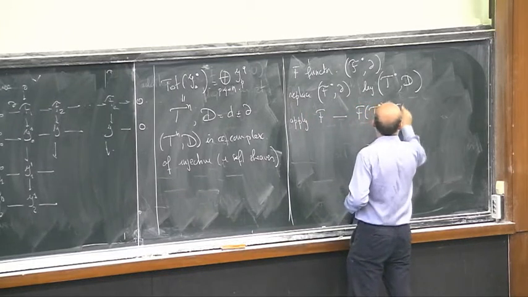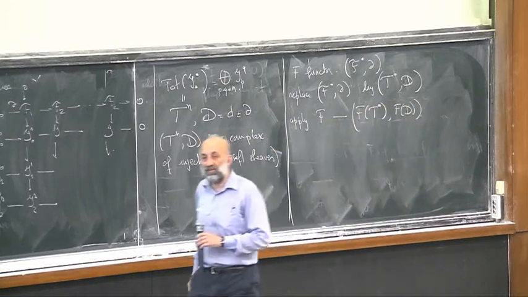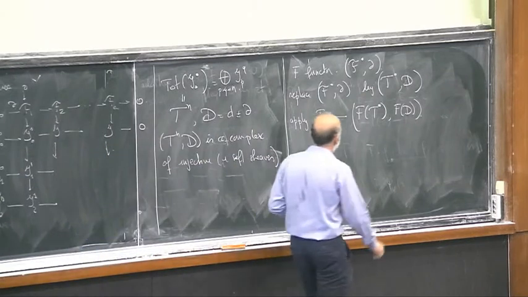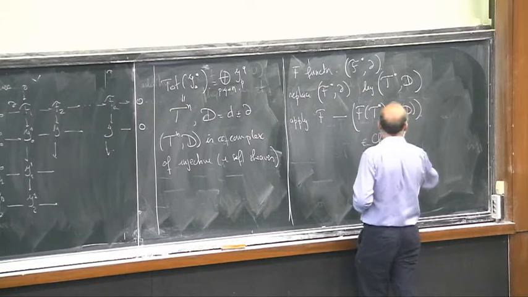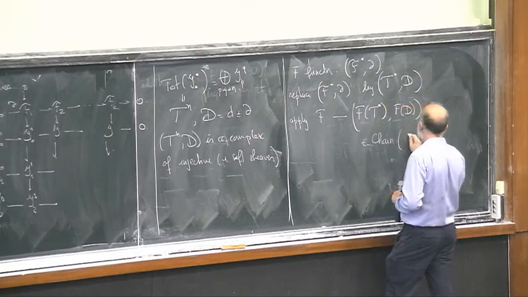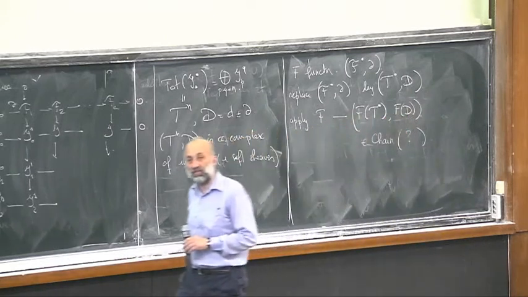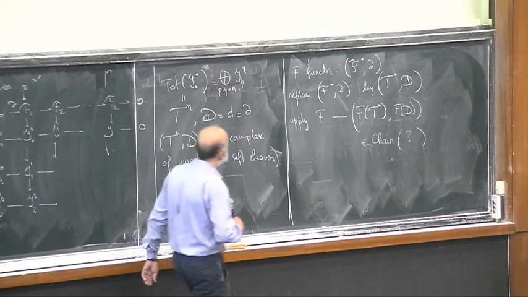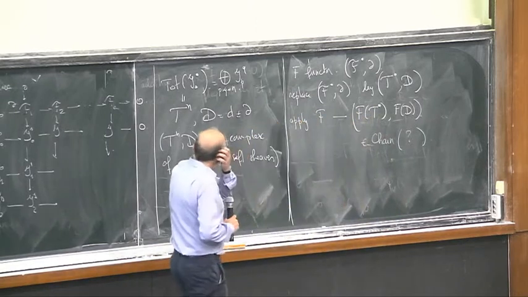And you get a new complex, ft and fd. And this is going to be an element in the chain category of something where the image of f lives. So f, of course, has to be an additive left exact functor. And you actually can do that.